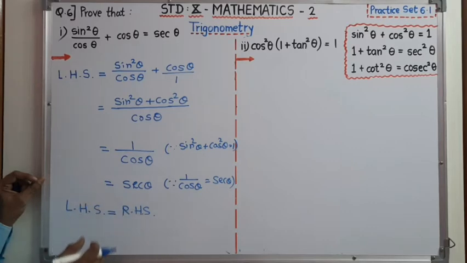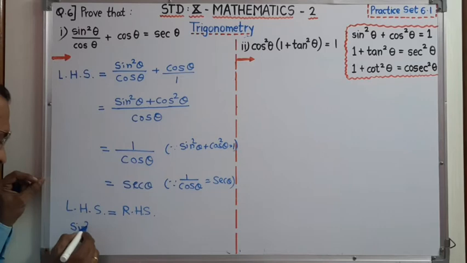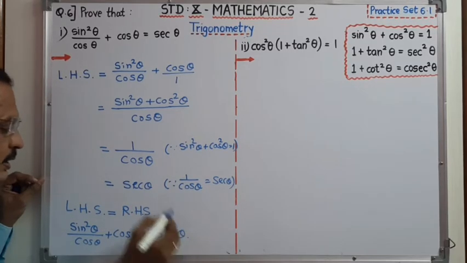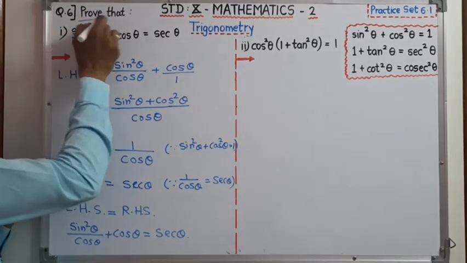Left hand side and right hand side are equal. Therefore, the final answer: sin square theta upon cos theta plus cos theta is equal to sec theta. Both sides are equal, that we prove.